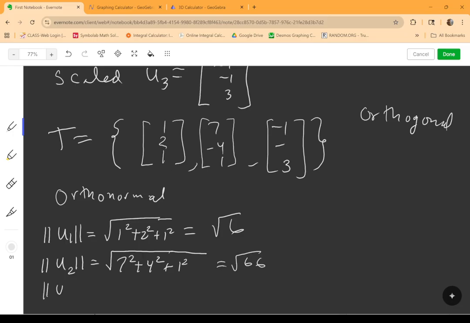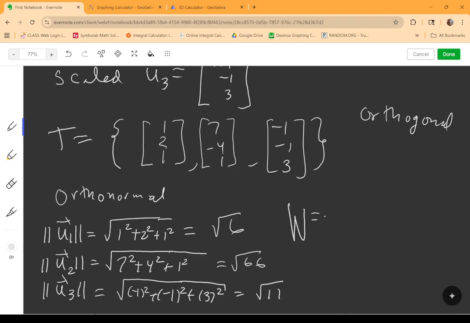And then lastly, the norm of u3 is the root of -1 squared plus -1 squared plus 3 squared. 9, 10, 11. Okay, so then our new set, call it set W, would be the set where we have 1 over root 6, 2 over root 6, and 1 over root 6.